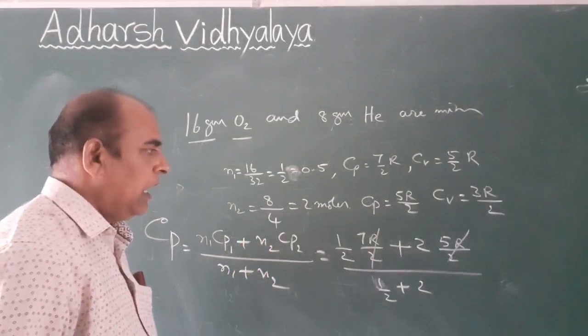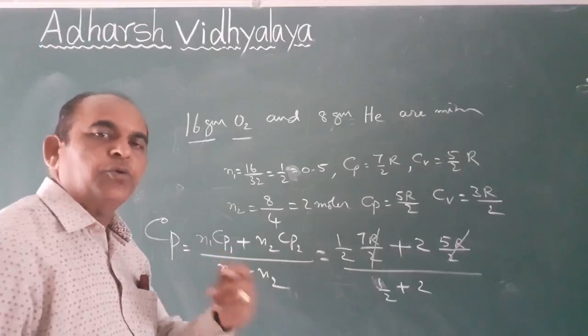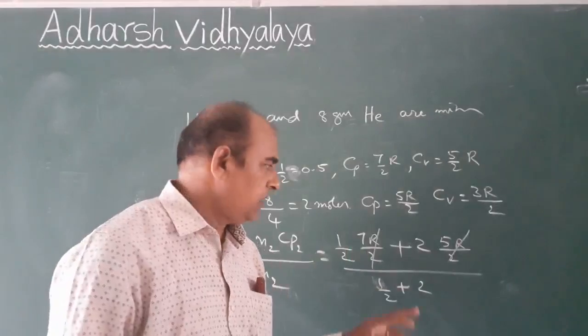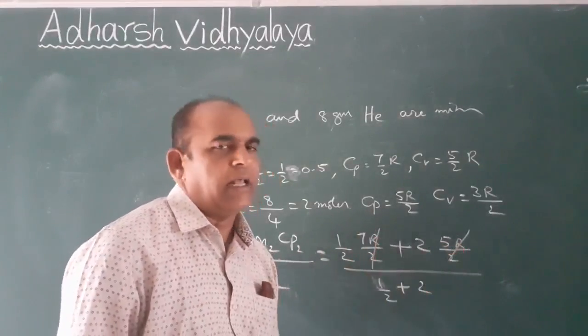So R by 2 common. Capital R is 2 calories if you take. So 2 by 2 cancels.